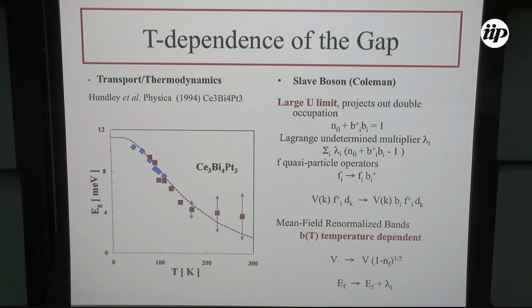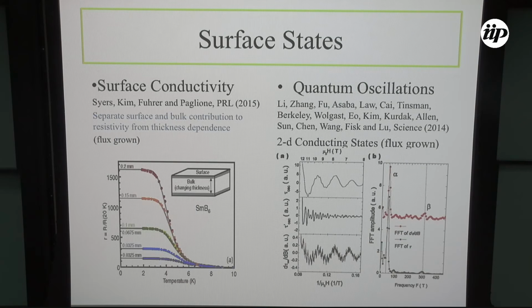Unlike germanium, where you have gaps of the order of 0.8 eV, these gaps are very temperature dependent, and that just comes out from applying a slave boson analysis, assuming large U, projecting out double occupation using these bosons. You find that the hybridization becomes renormalized, and if NF is close to 1, you can get a very small gap. And the other thing is that the position of the F level is renormalized.